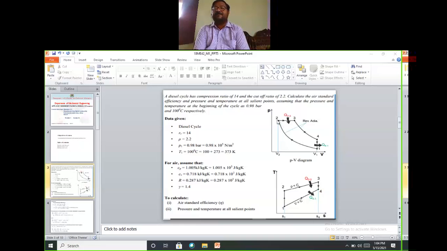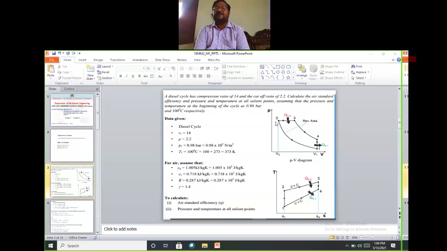V1 by V2: V1 is the higher volume divided by the lesser volume. If you take the cylinder and piston arrangement, you can observe that the volume will be more. If you draw the piston and cylinder below this PV diagram, the piston at top dead center is at 1 and the piston at bottom dead center is at 2.